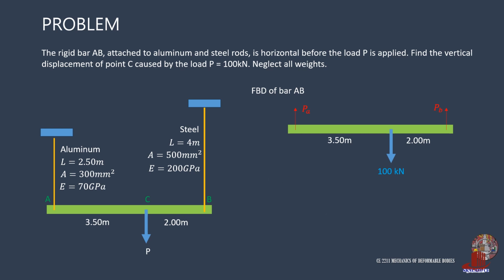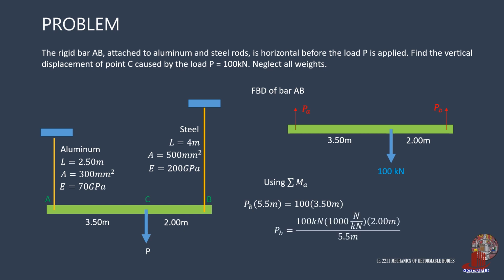Now that we already figured out the force carried by the aluminum wire, we can either use summation of vertical forces or again another summation of moments to solve for the force at B. In this case, it is safer to use summation of moments at point A. We get force P at B times 5.5 meters as equal to 100 kilonewtons times 3.5 meters.